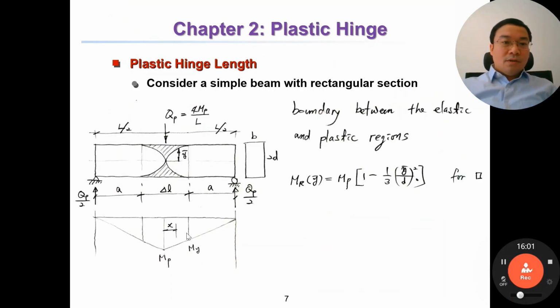Now, what is M here? It is Mx. Can you determine Mx? Mx is M of this section.